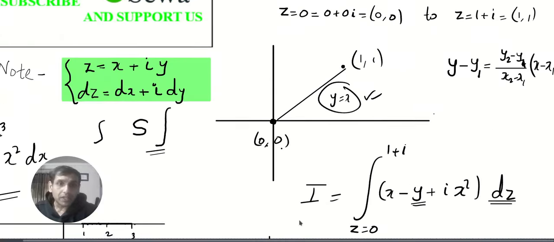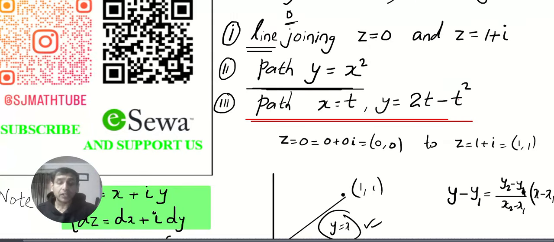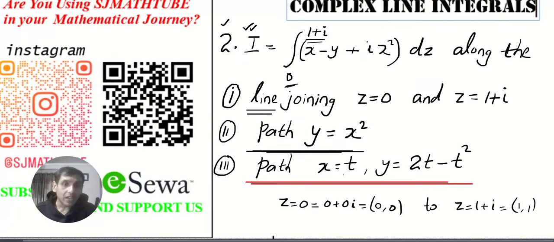The third part is very easy. It is given in parametric form, and whenever it is given in parametric form, I am going to convert it into the parameter. And good news, look at this. If I am converting it into the parameter, I have to remove x and I'll put t. I will remove y and I'll put 2t minus t square.